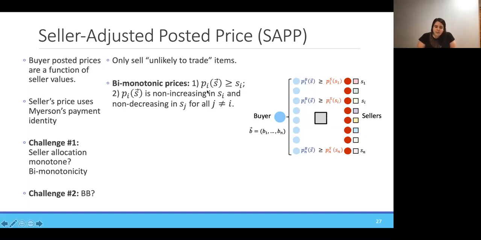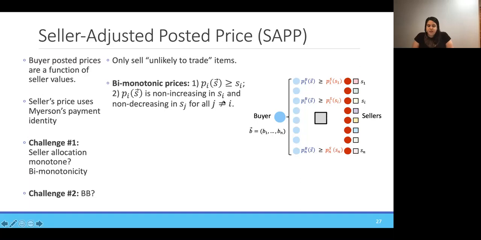What that means is that first, we want our prices, of course, to be satisfactory to our seller. Second, we want our prices to be non-increasing in the seller's own value. This is the normal monotonicity we expect in prices, and non-decreasing for all of the other sellers' values. So this is the price for the buyer for item i.